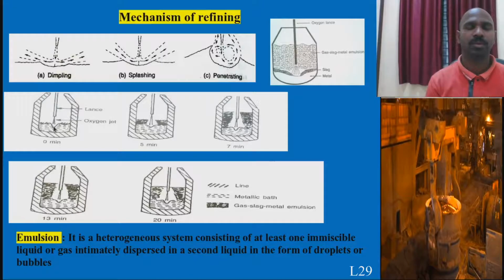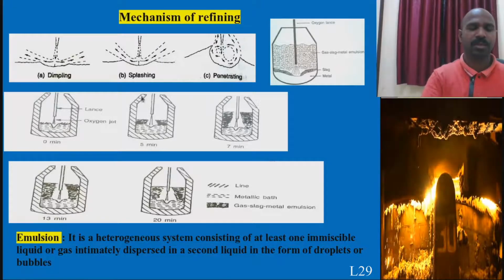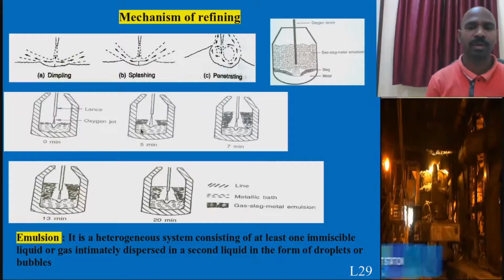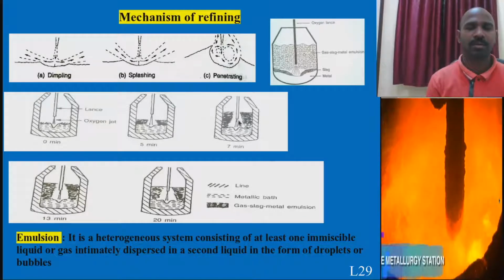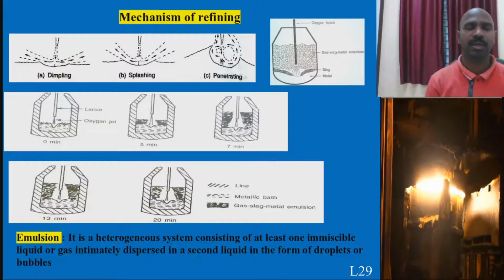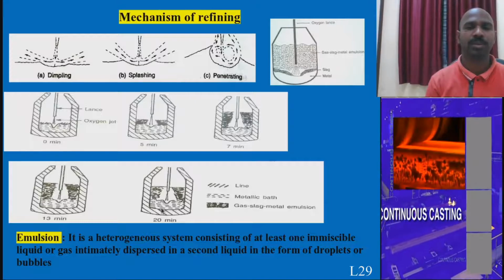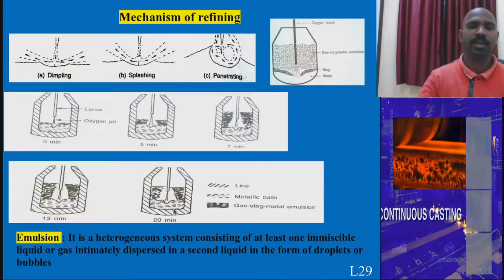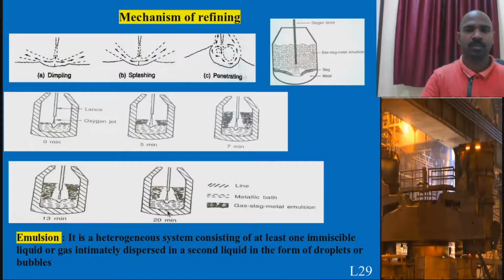The first step is dimpling. This is how the dimple forms at 0 minutes. After 5 minutes, assume there is splashing, which grows further at 7 minutes, splashing toward the opposite side where the oxygen lands. At 20 minutes it penetrates deeply inside the molten pig iron. It interacts and further oxidizes, and removes all the impurities.